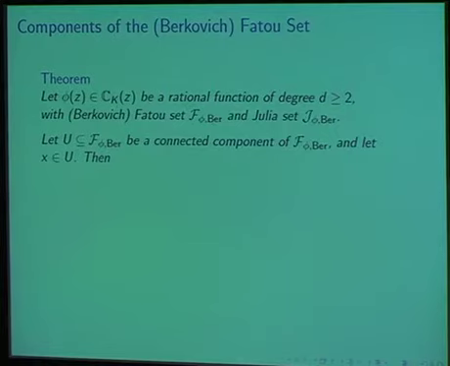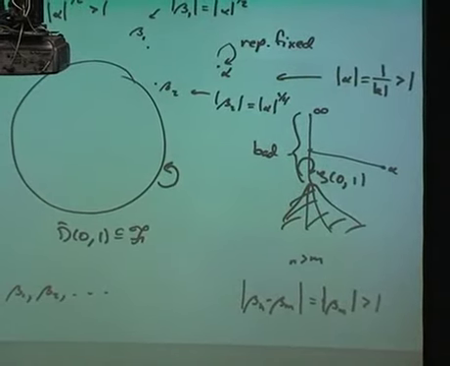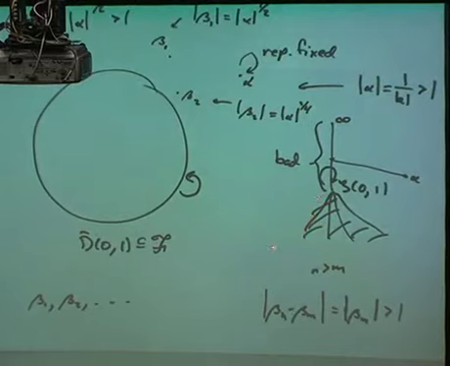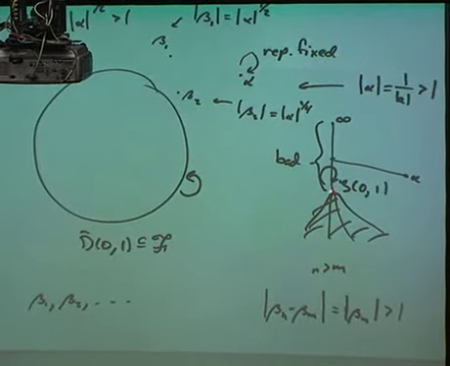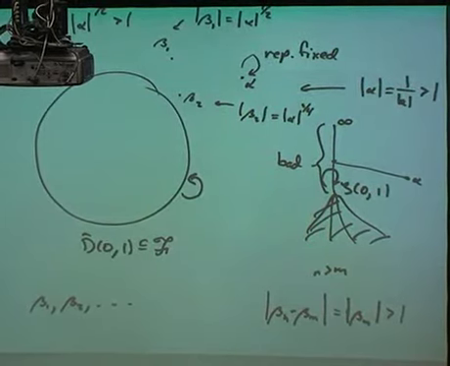So for example, back here, remember the Gauss point was in the Julia set. If you take any single one of these branches extending off of the Gauss point, that was in the Fatou set, and that was a connected piece of it. So if you take one of these single branches, not the whole shaded thing down here, but just one of these single branches extending down here, that would be, for example, a component of the Fatou set in this case.